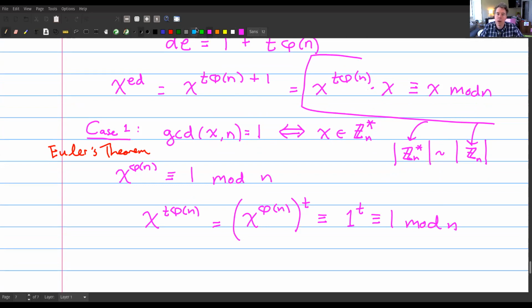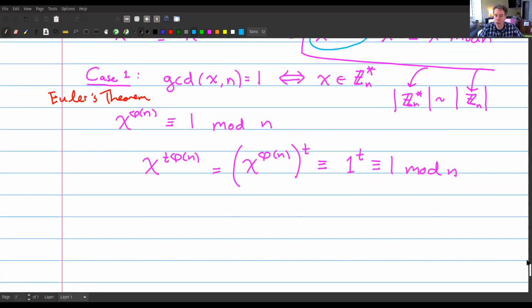So that means that this thing is just 1. And if that's 1, then it's obviously true that this times x is congruent to x. Okay, so we're done. So it's clearly true that x to the t phi of n plus 1 is congruent to x mod n.